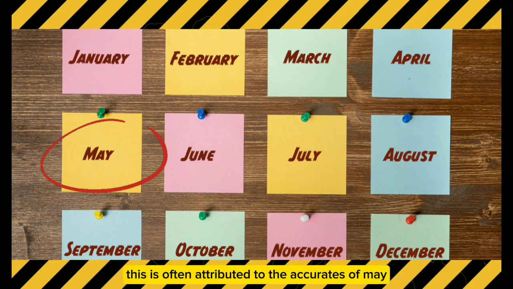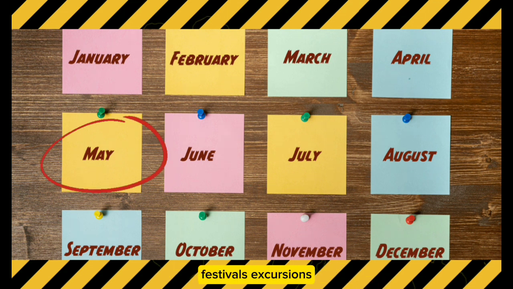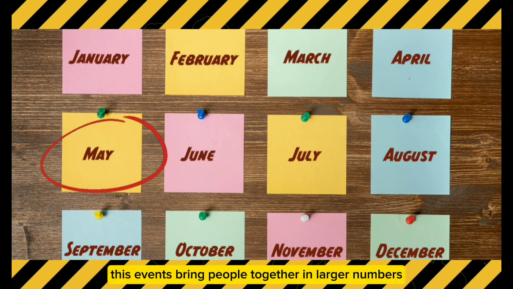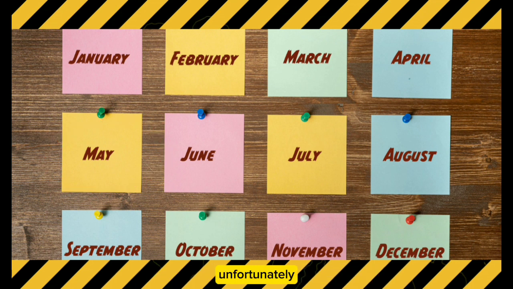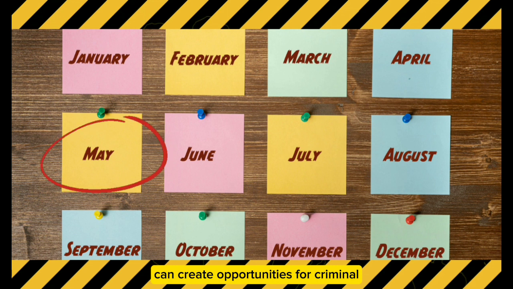This is often attributed to May festivals, excursions, picnics, and various festivities. These events bring people together in larger numbers, increasing social interactions. Unfortunately, the heightened contact can create opportunities for criminal activities, contributing to the observed rise in crime during this period.